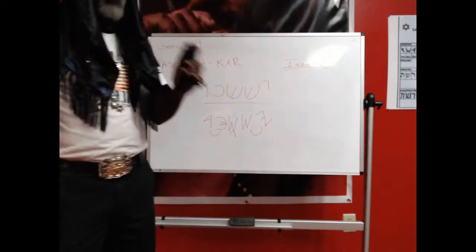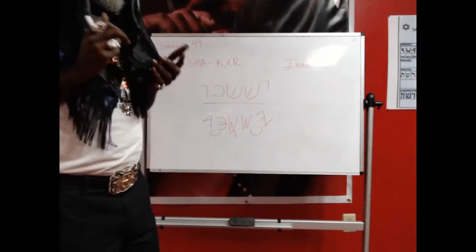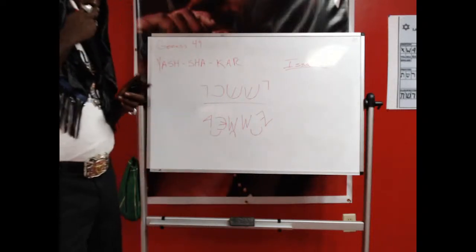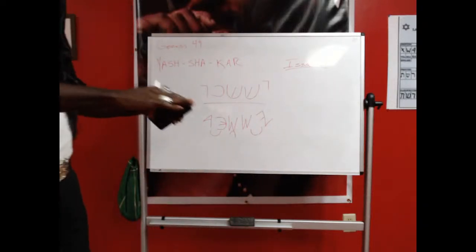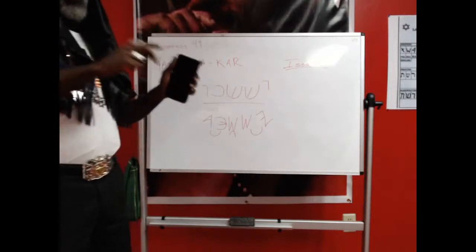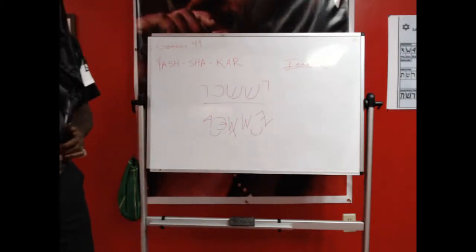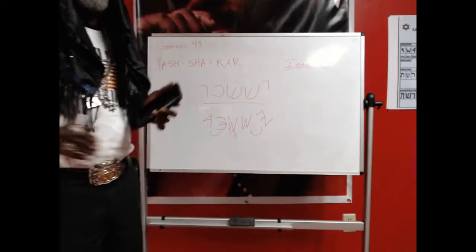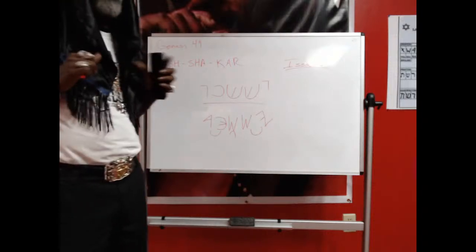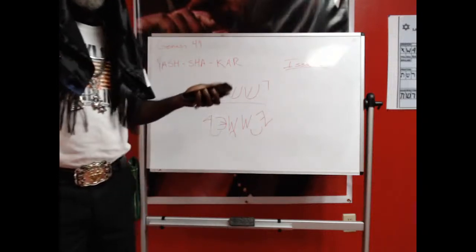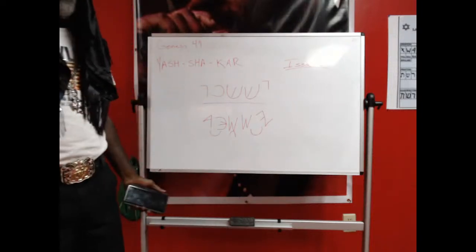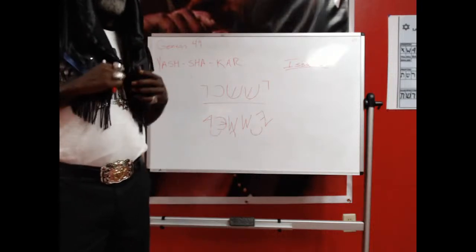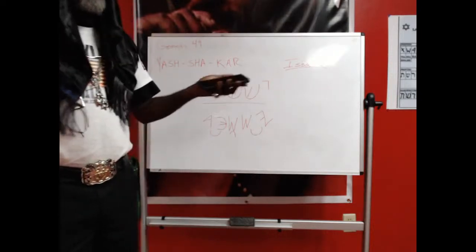So everything that the Most High has allowed to be on the earth belongs to him. So if it belongs to him and we are his children, what did that make us? Inheritors of the earth. We are the ones that rule this earth, but we can't rule right now.